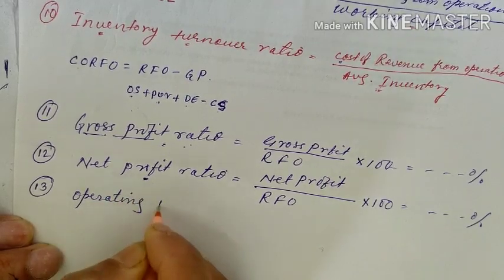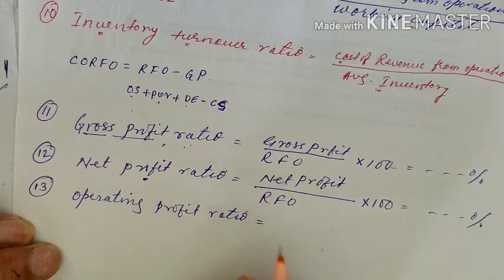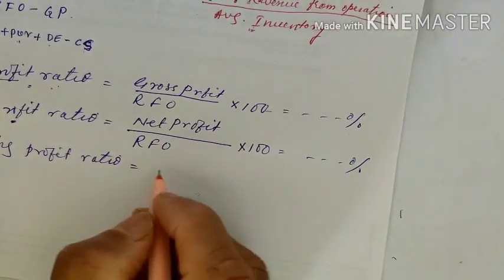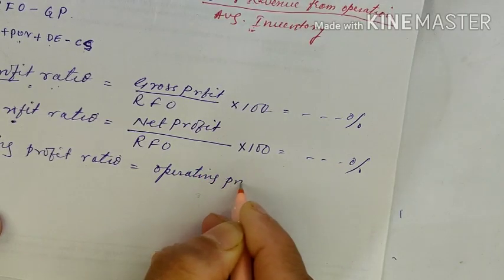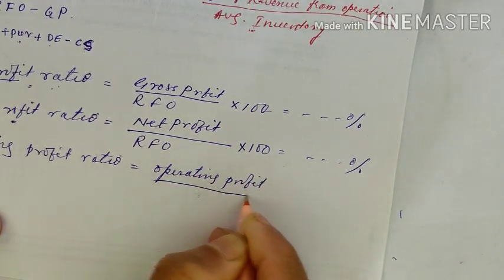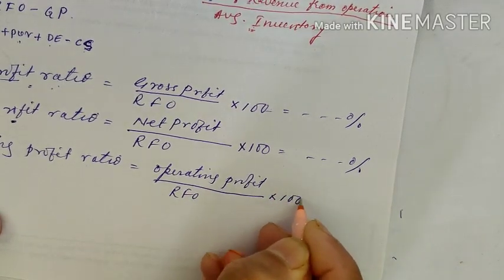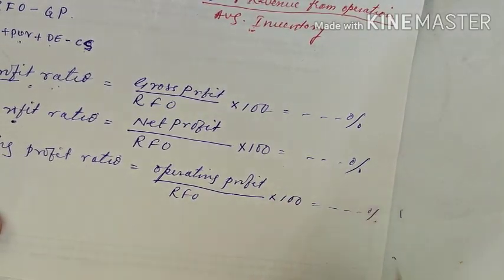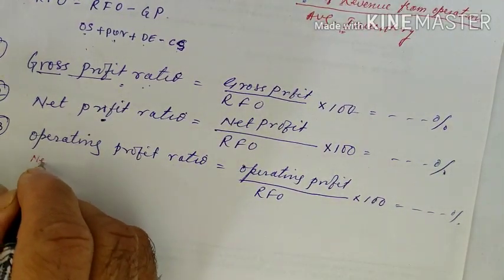Operating profit ratio. Operating profit divided by revenue from operation into 100. So again you will get the answer in percentage terms. How do you get net operating profit?